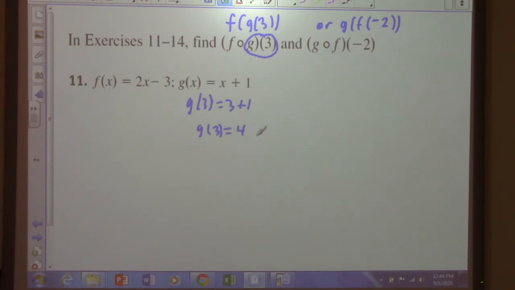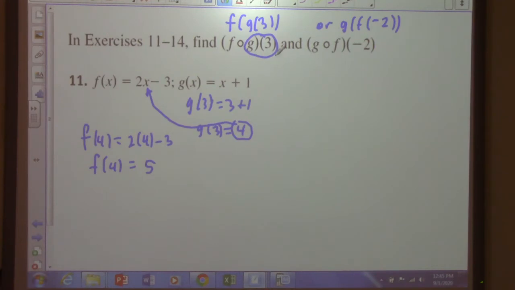So now what do we do with this 4? We take this 4 and we go right in for this x. So f of 4 is going to be equal to 2 times 4 minus 3, which is 5, okay?